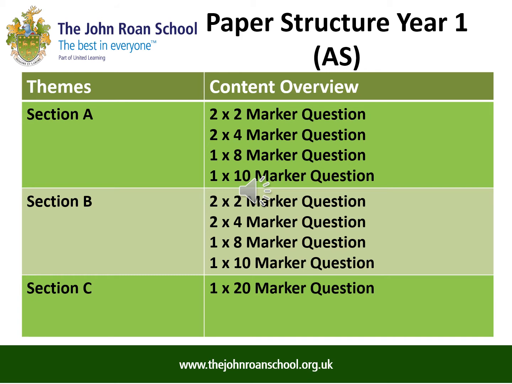Section A consists of 2 2-marker questions, 2 4-marker questions, 1 8-marker question, and 1 10-marker question. Same goes for section B, with 2 2-marker questions, 2 4-marker questions, 1 8-marker question, and 1 10-marker question.